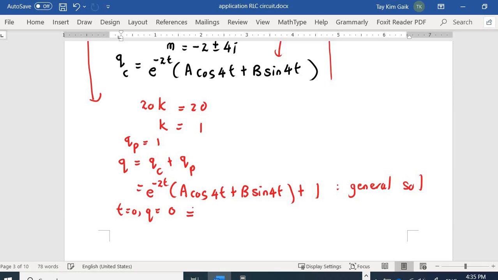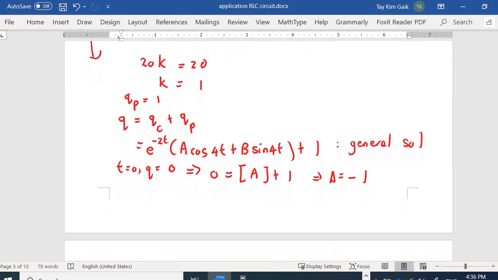Exponent 0 is 1, cos 0 is 1, sin 0 is 0, so 0 equal to A plus 1, so A equal to negative 1.